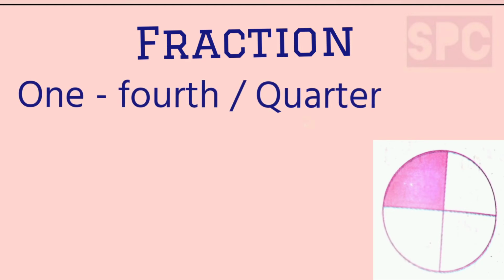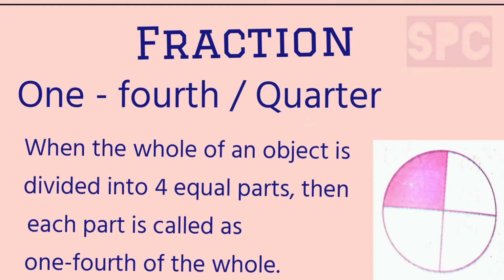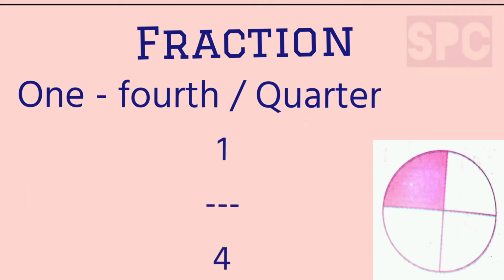Now, let's understand what is 1/4 or quarter. When a whole is divided into 4 equal parts, then each part is called 1/4 or quarter. It is written as 1 by 4 or 1 over 4. For example, in this figure, the circle is divided into 4 equal parts.